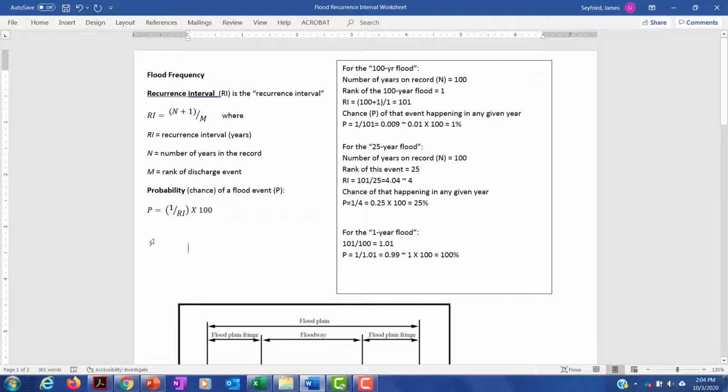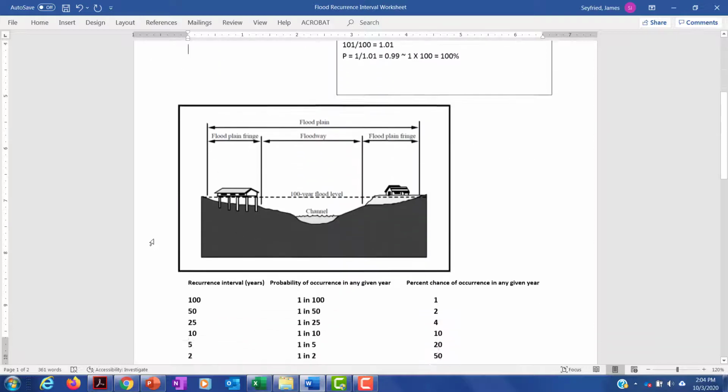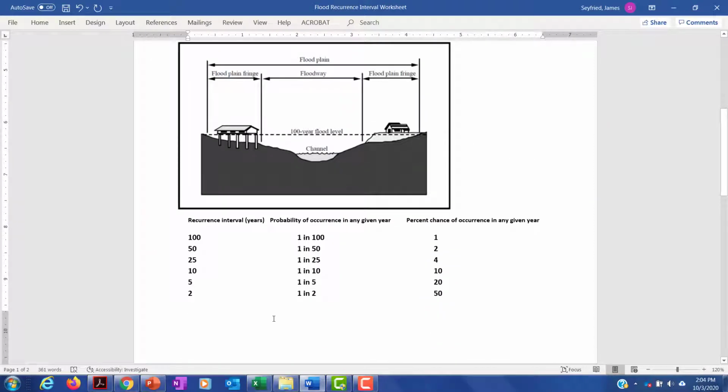So you'll hear that, in any given year, there's a 1% chance that you will get a 100-year flood event. This chart hopefully drives this home. If the recurrence interval is 100 years, that is once every 100 years, it's 1 in 100, that's a 1% chance. 1 over 100 is 0.01 or 1%.